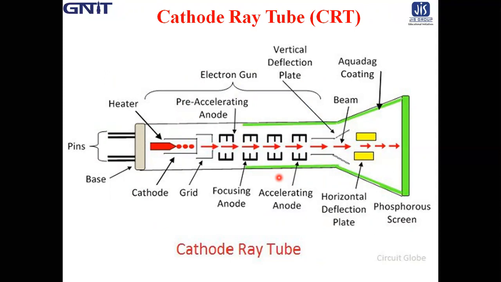Inside the tube, a heated cathode emits electrons which are accelerated to high velocity and high energy and ultimately brought to a focus on a fluorescent screen. When the electron beam strikes the fluorescent material on the screen, a visible spot of light is produced.